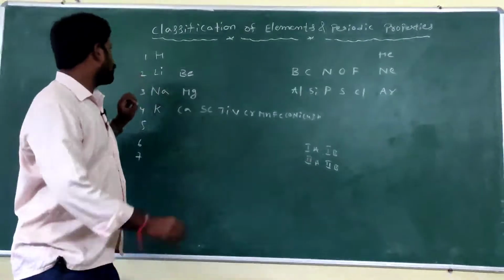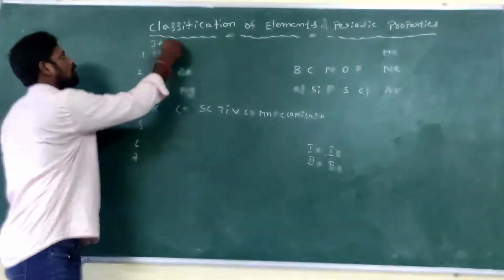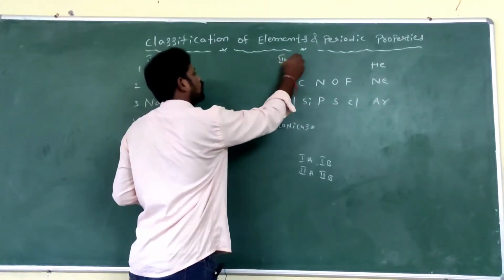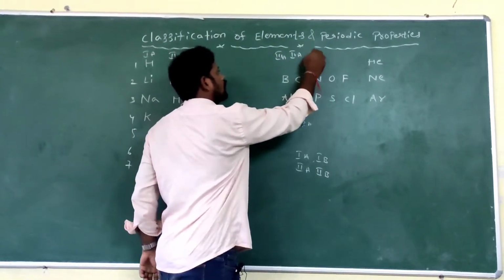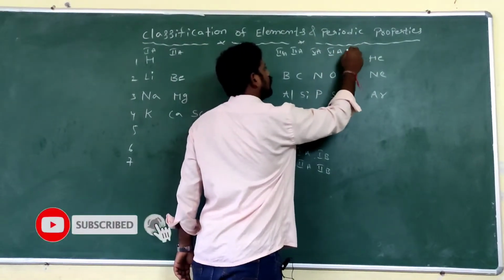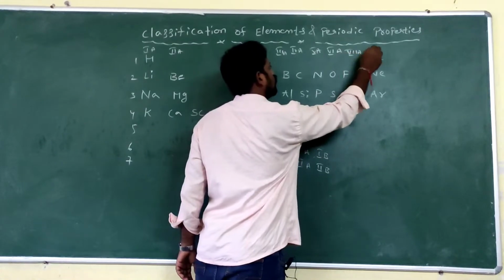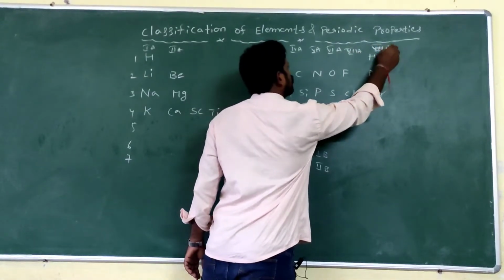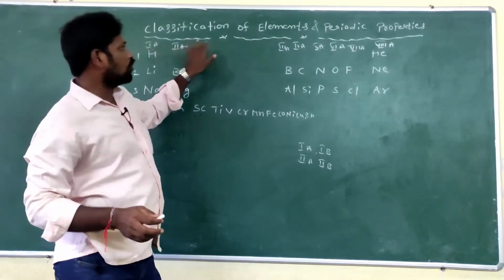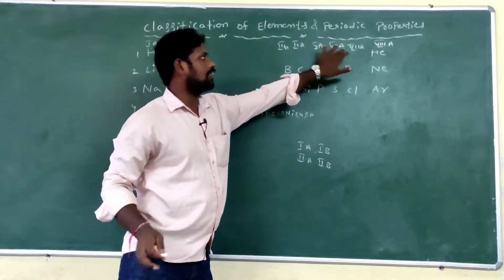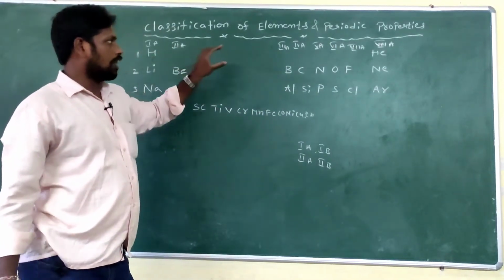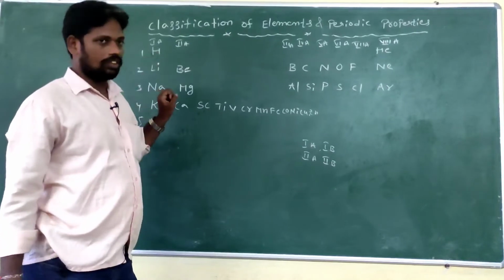For example, there is the 1A group, the 2A group, the 3A group, the 4A group, the 5A group, the 6A group, the 7A group, and the 8A group. These are divided into A groups, which are the main groups.